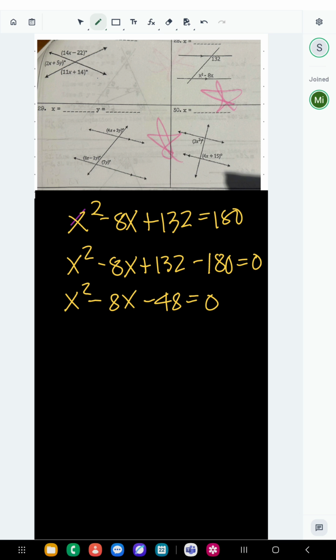You can factor this. If it's not factorable, then you use the quadratic formula. But let's try factoring this. What are the factors of 48 that when you multiply them, it would equal negative 48, and when you add them up, it would equal negative 8?